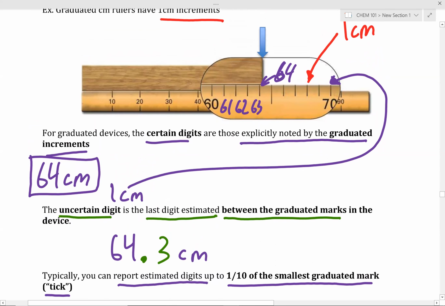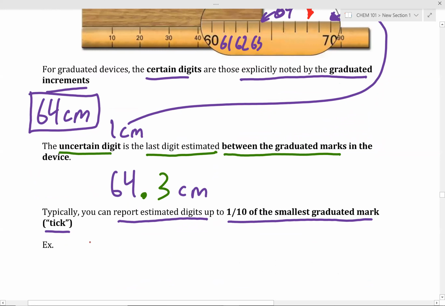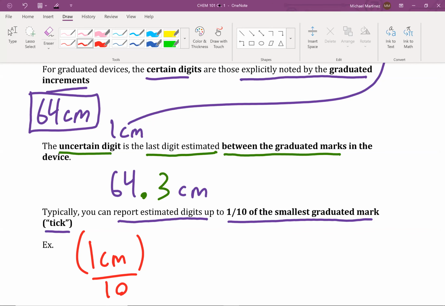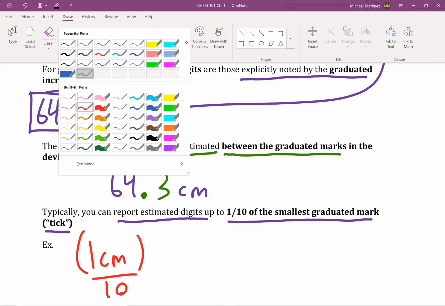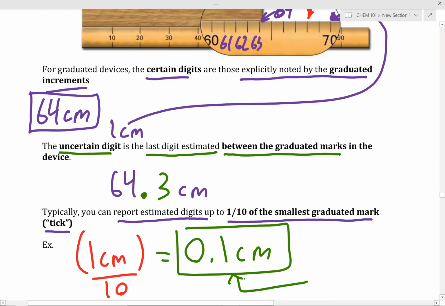1 centimeter, right? So if we have 1 centimeter, all we have to do is take 1 centimeter and divide it by 10. And that in turn gives us 0.1 centimeters. So this tells us we can report up to what decimal place?